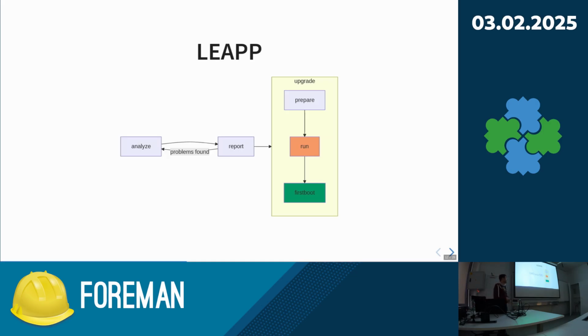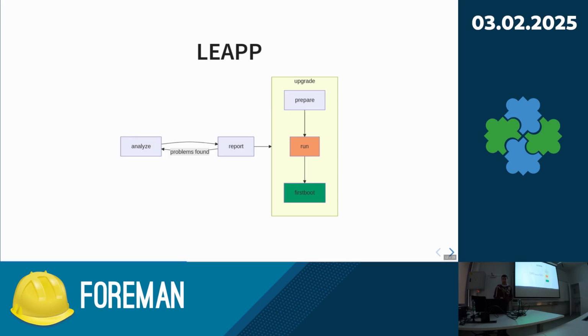But the important part is each of those steps can be enriched by you and me and everybody by writing your own Python code. This Python code are actors that you can inject into Leapp, and you can tell at which phase you want to run them, and the code then can do something for us.